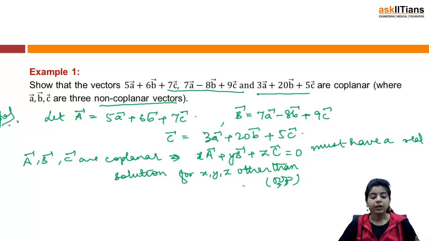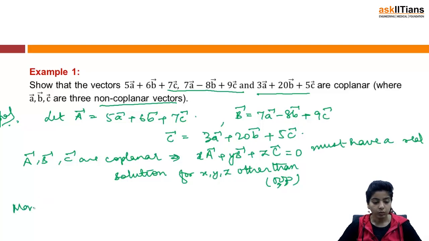We are required to prove that these vectors A, B, C are coplanar. For that, we need to prove that this equation must have a real solution for x, y, z other than the trivial solution.